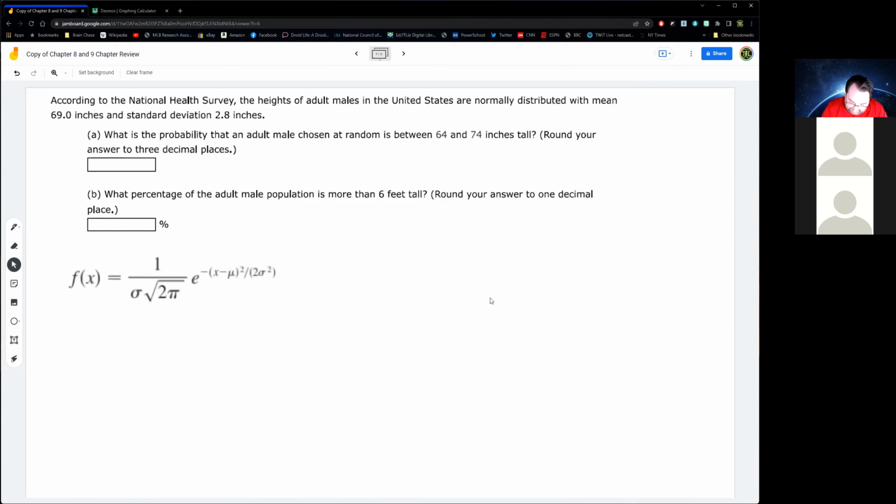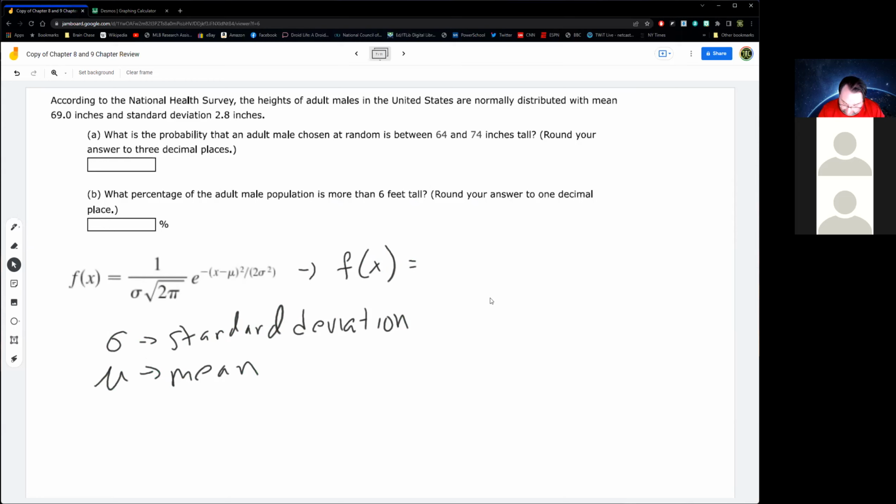So when I plug in my values, that little symbol is your standard deviation, and that is your mean.